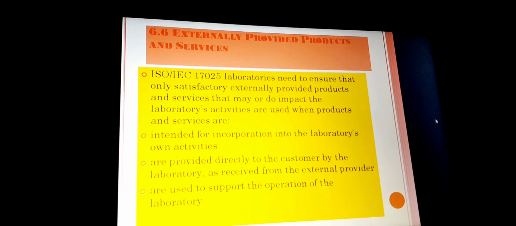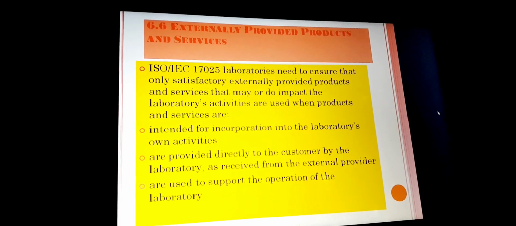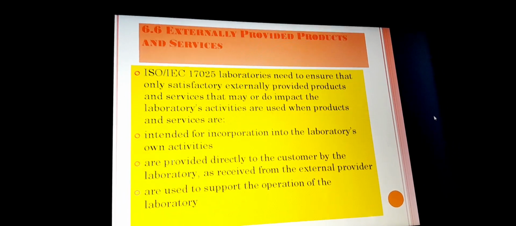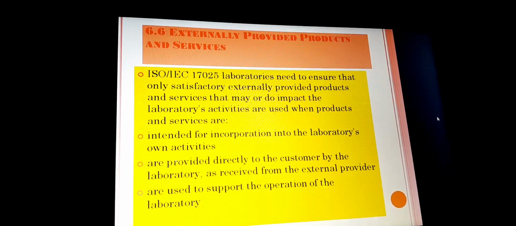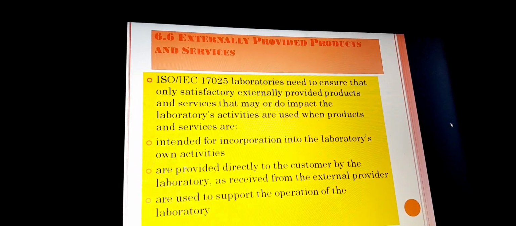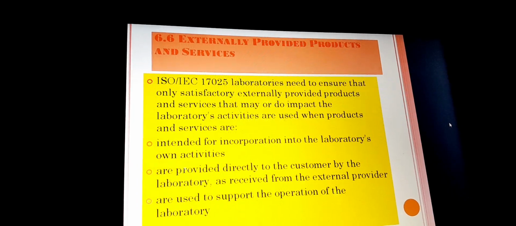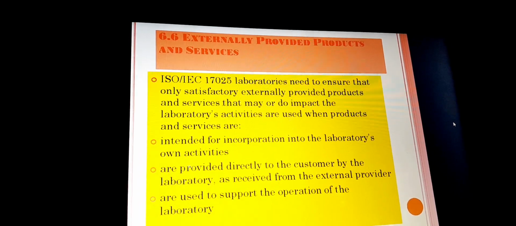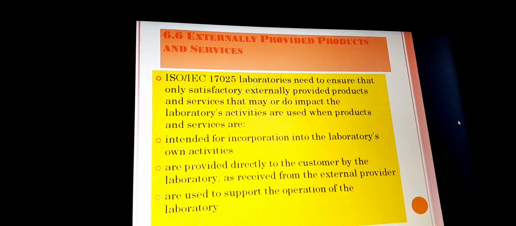Then we come to clause number 6.6, which is externally provided products and services, which is also divided into 3 sub-clauses. So now we'll discuss externally provided products and services, clause number 6.6.